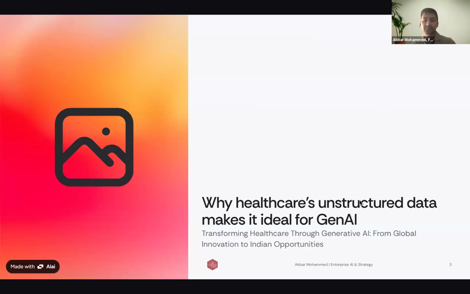Before I go into the details, I want you to get a glimpse of the data space. In healthcare, there's a lot of unstructured data. What I mean by unstructured data is everything from images, speech, written notes, anything that can't fit in a spreadsheet.